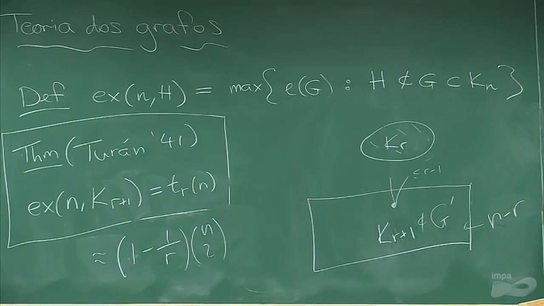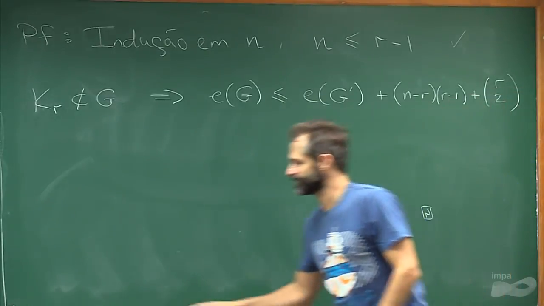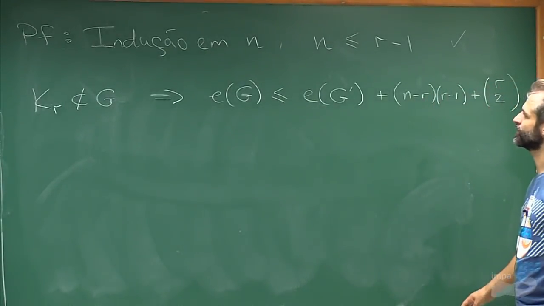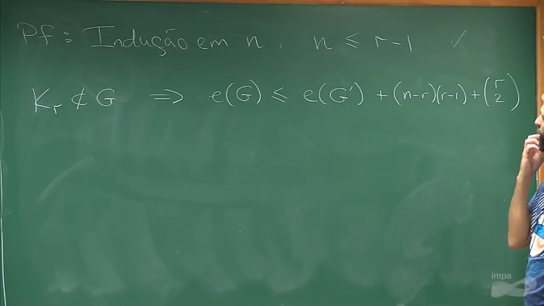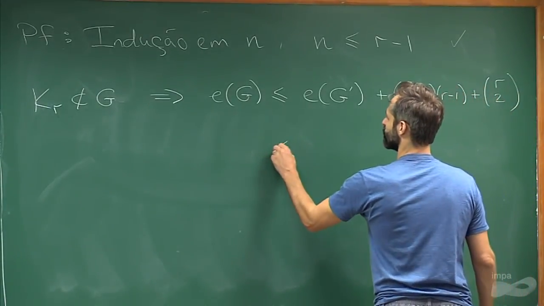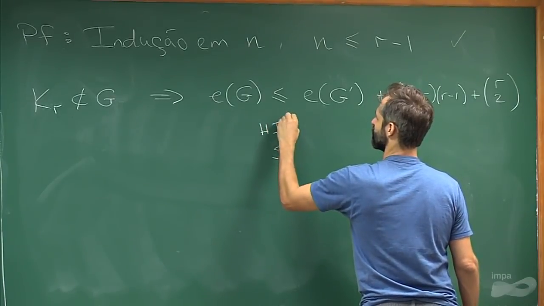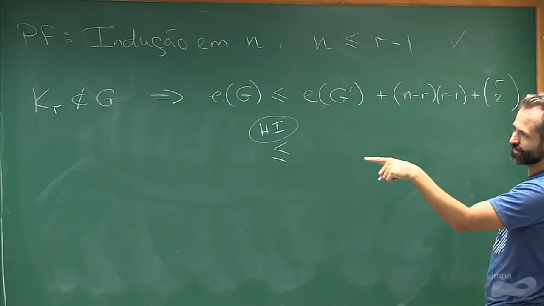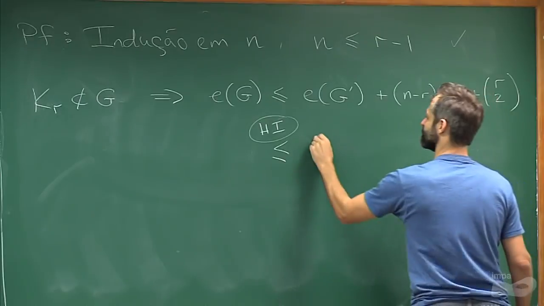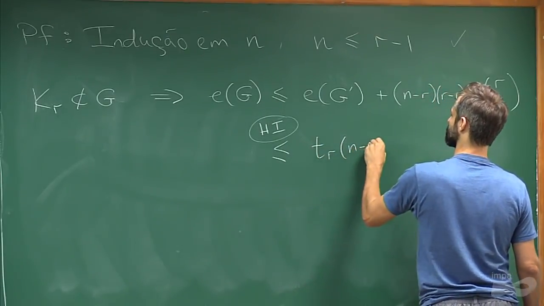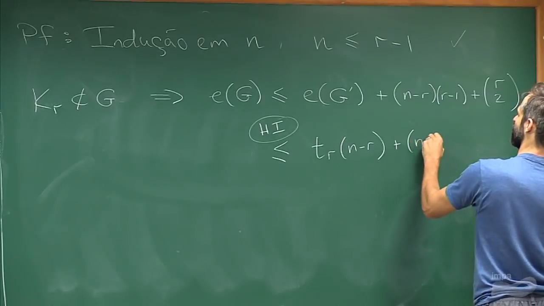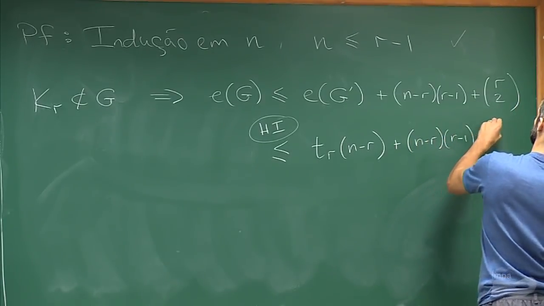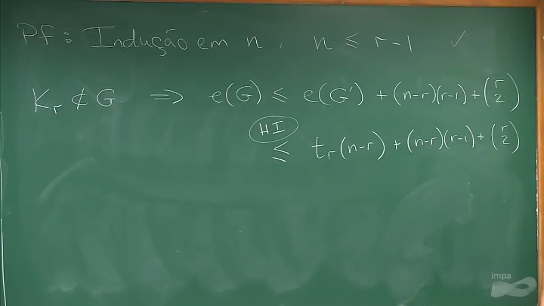So it's at most n minus r times r minus 1, plus the guys on top, r choose 2. By induction, the number of edges of G prime is at most T_r(n minus r), plus (n minus r)(r minus 1), plus r choose 2.